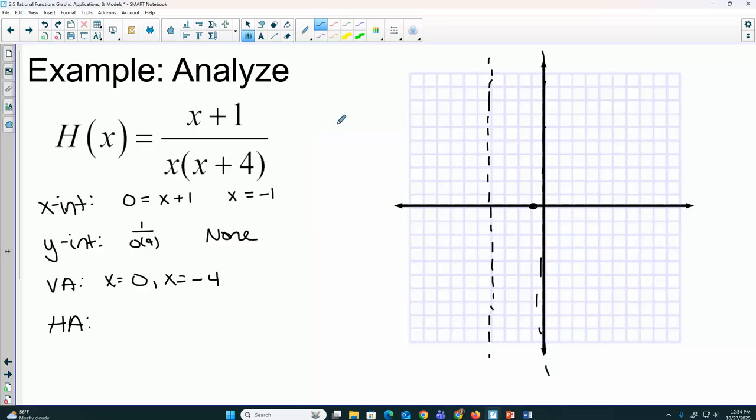Okay, horizontal or oblique. So we need to think about this. Since it was already factored, think about if you multiply it out, you would have x over x squared. Can you take x and divide it by x squared? No, so it's still an x on the bottom, so that's just y equals 0.